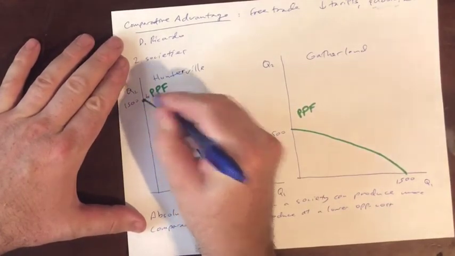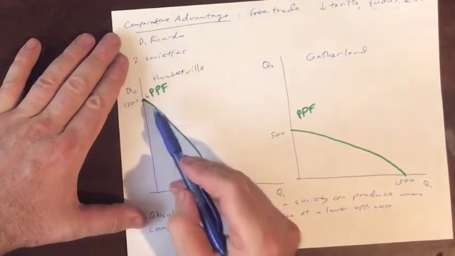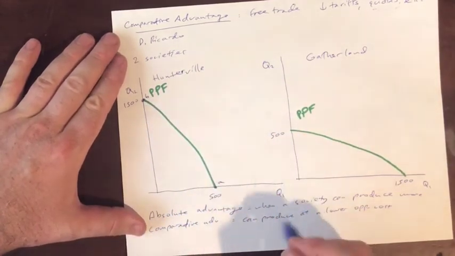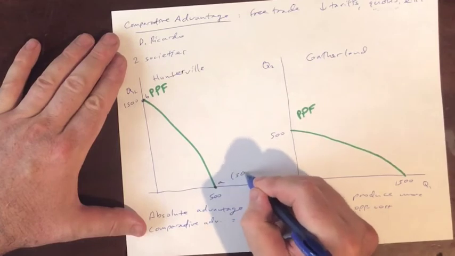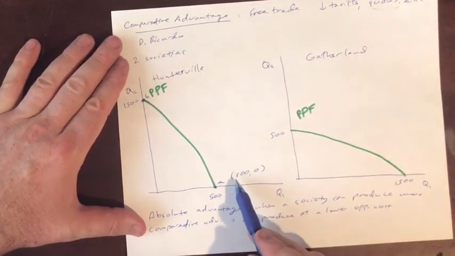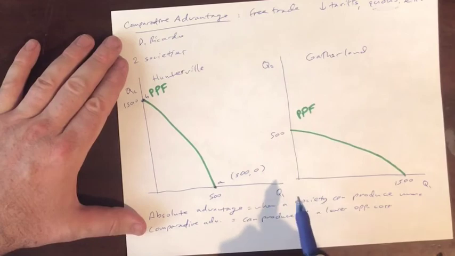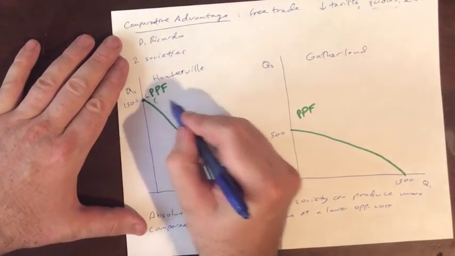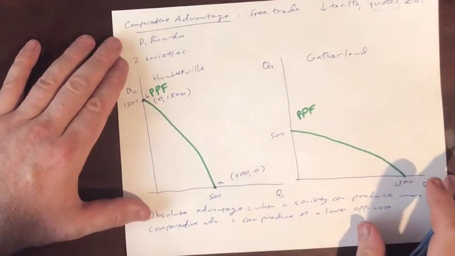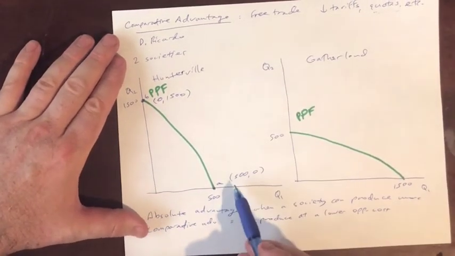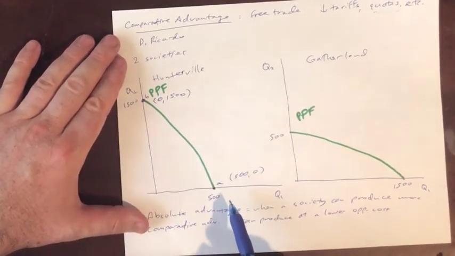Do they want to be at point A or at point B? Point A represents producing 500 of the berries and 0 of the meat. And point B, the opposite: 0 and now 1500.